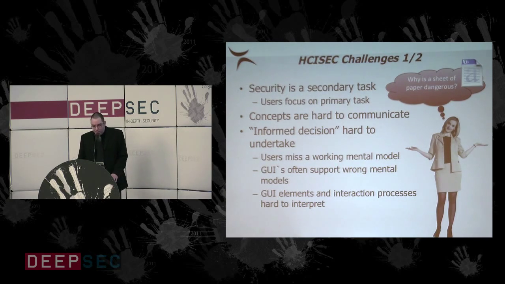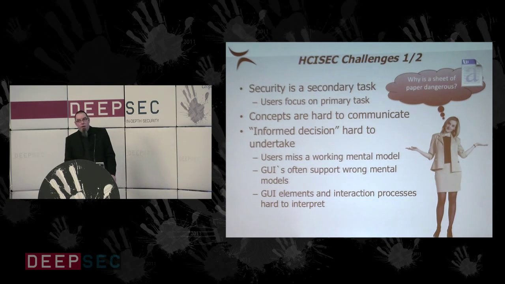And another problem is that graphical user interfaces often support the wrong mental model, like the lady on the right side. It's a piece of paper. Why can it be dangerous? So this icon does not reveal that it actually could be a very dangerous piece of paper. And also, the graphical user interface elements are very often hard to interpret, I said already, most of the time due to a very technical wording.